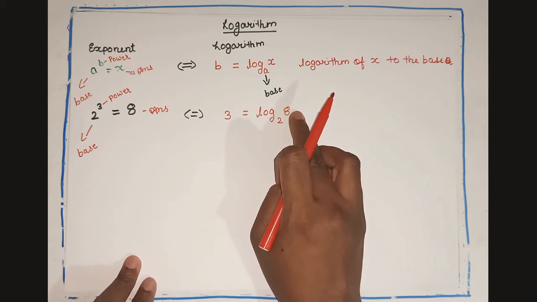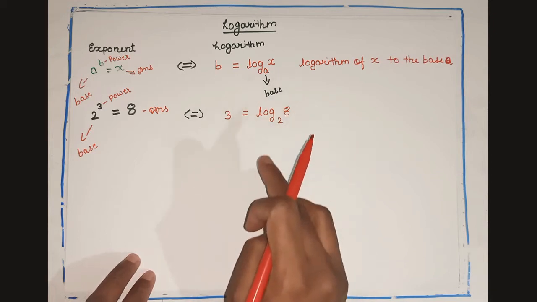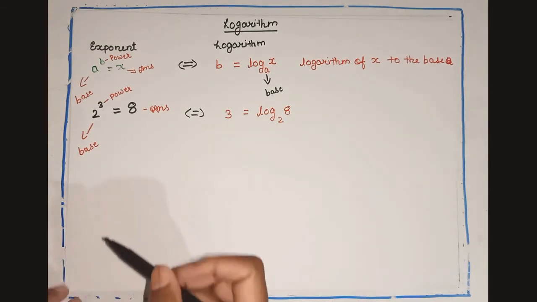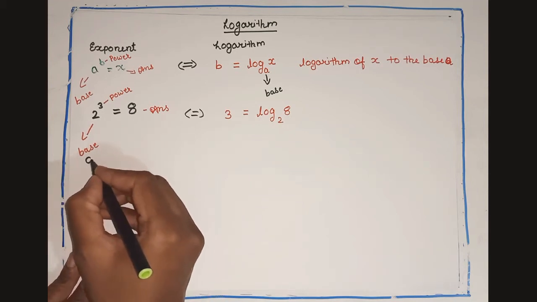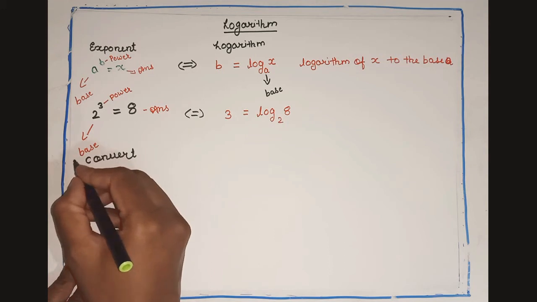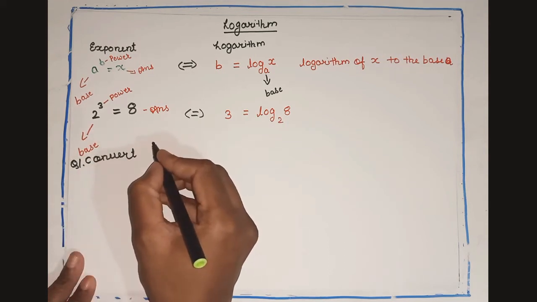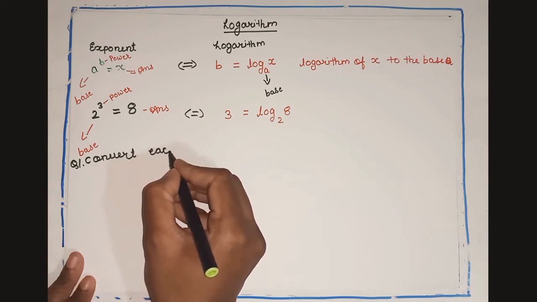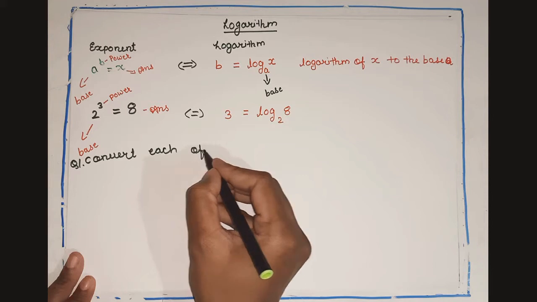In the same way, now let's see the exercise. In the very first question it is given, convert each of the following to logarithmic form. Exercise 7a, question 1.